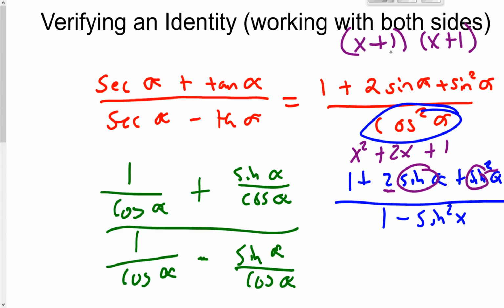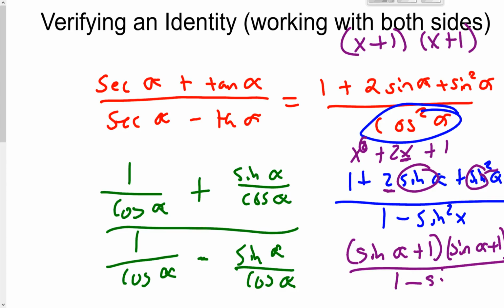Something plus 1 times that same something plus 1 gets me something squared plus 2 times that same something plus 1. So that something is the sine of alpha, right? So we could factor this to the sine of alpha plus 1 times the sine of alpha plus 1, all over 1 minus sine squared x.